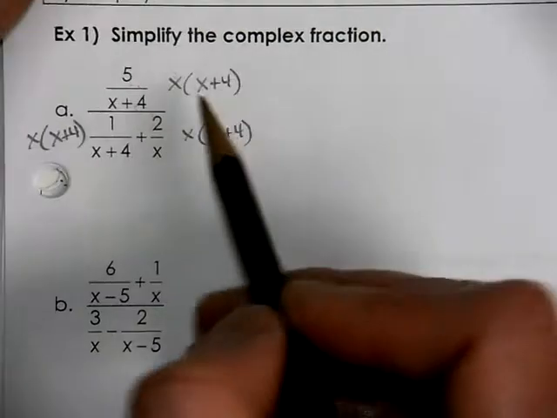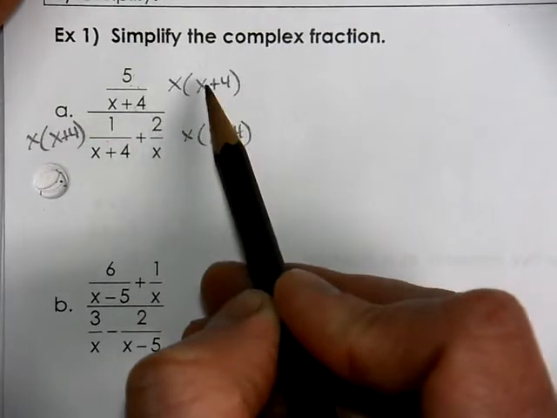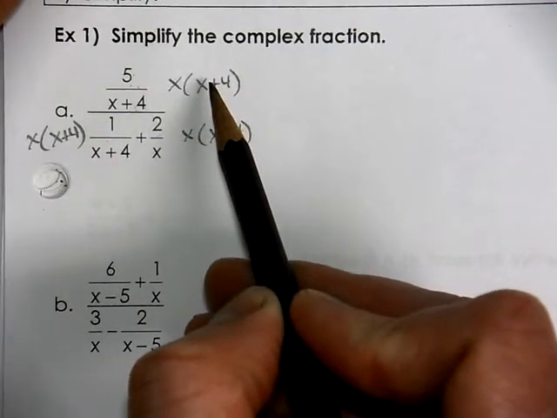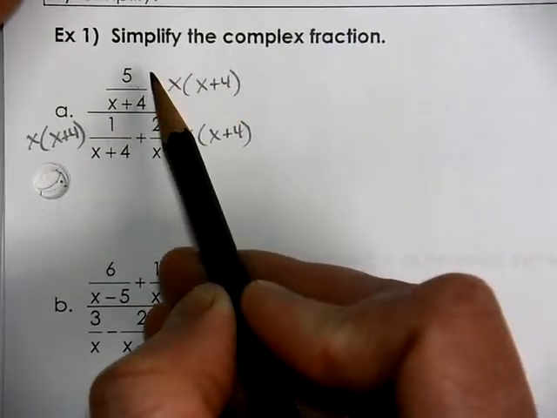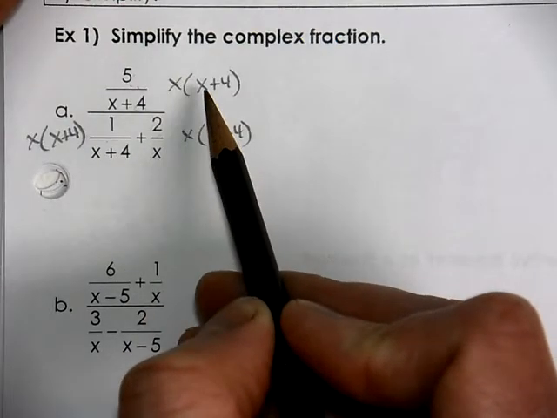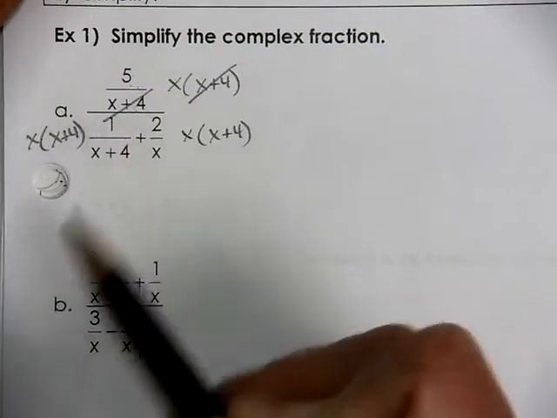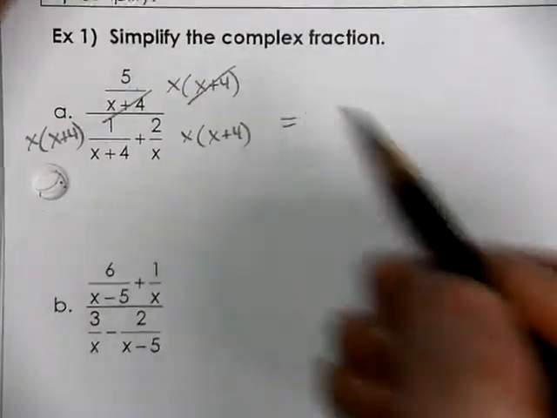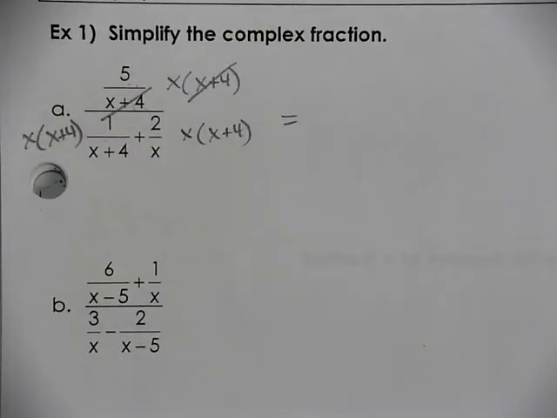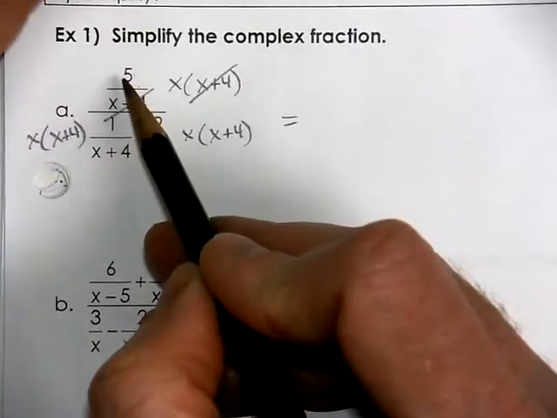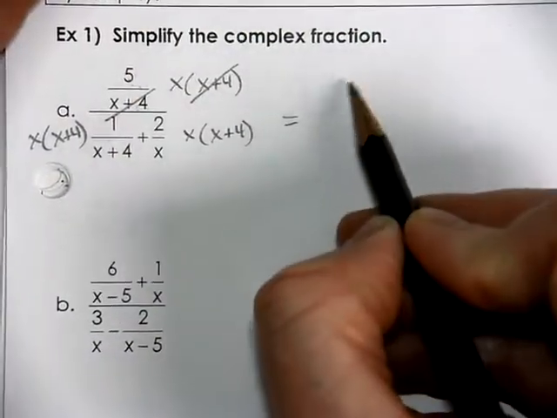When you multiply it to this top fraction, you're really just multiplying it to the top number. But you might consider crossing out what's the same before you even get into the multiplication portion of it. So this is now just 5 times x.